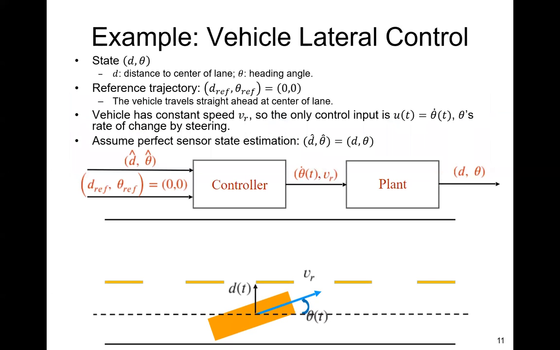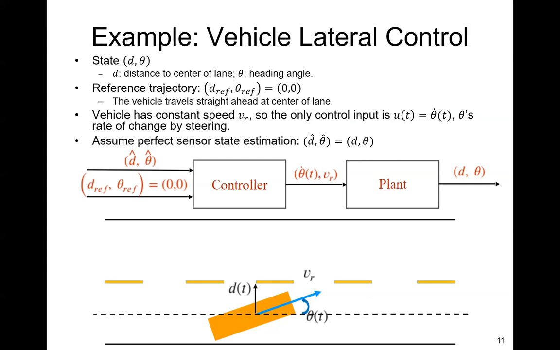So we saw this vehicle lateral control problem where the reference trajectory is given as 0, 0. That is, you want to travel straight ahead, center of the lane. And then you're controlling the turning angle.